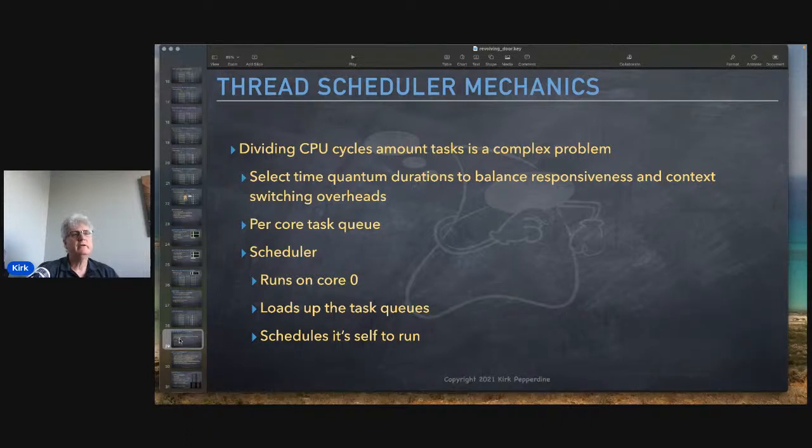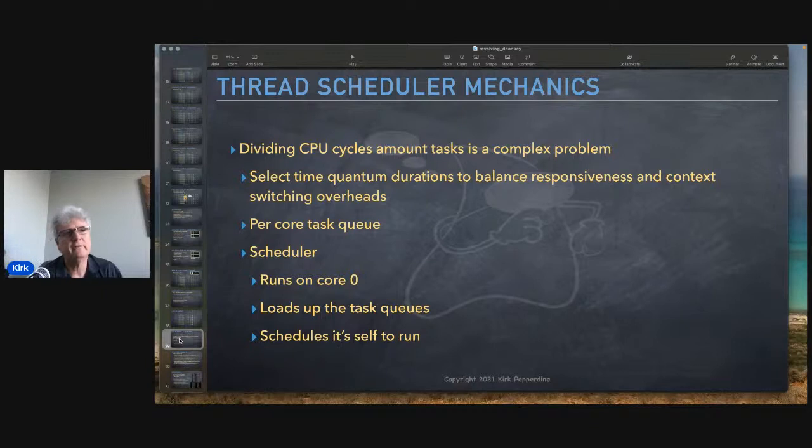the thread scheduling itself is a complex task, and optimized as it is, it still takes time, and you still have to run it. And if you have a lot of these very short-lived tasks that voluntarily context switch themselves out of the processor, you could leave yourself in a condition where your task queues are simply empty. And the only way they're going to get filled is to have the thread scheduler run them again, right?